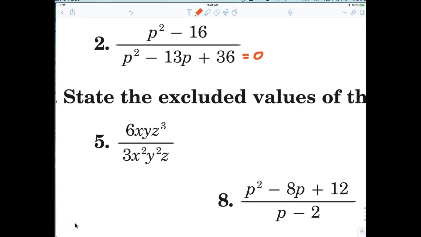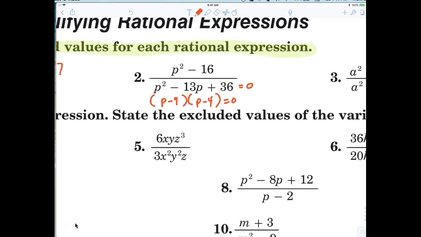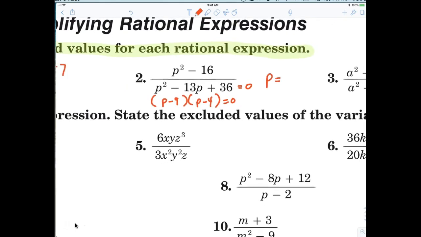Factor, thank you. And what are the factors of 36 that make 13? 9 and 4. So you would factor that to what? P minus 9 and P minus 4. Beautiful. So P cannot equal what? 4 or 9. Very good.